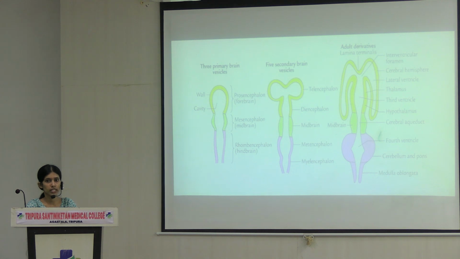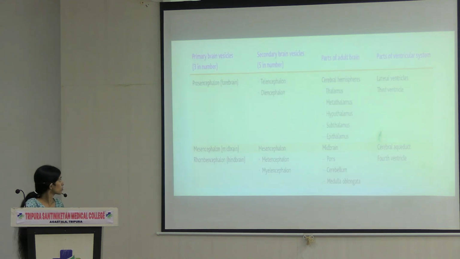Cerebrospinal fluid, CSF. Any doubts? This is the tabular column for all the adult derivatives and also the ventricular system. What you have seen in the diagram is given in the tabular column.